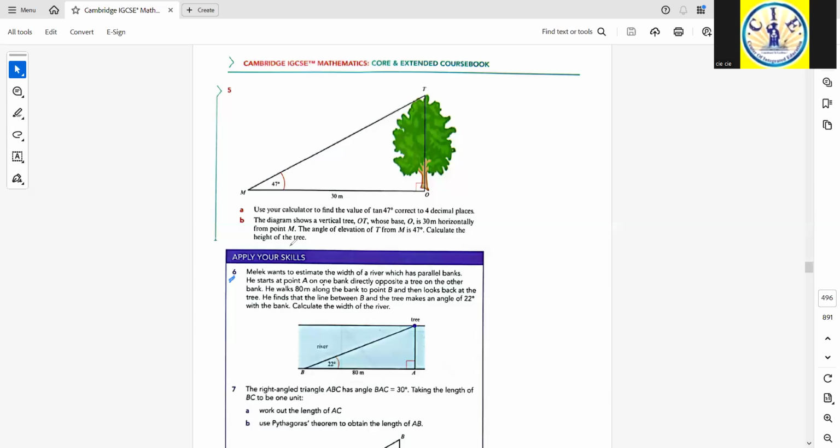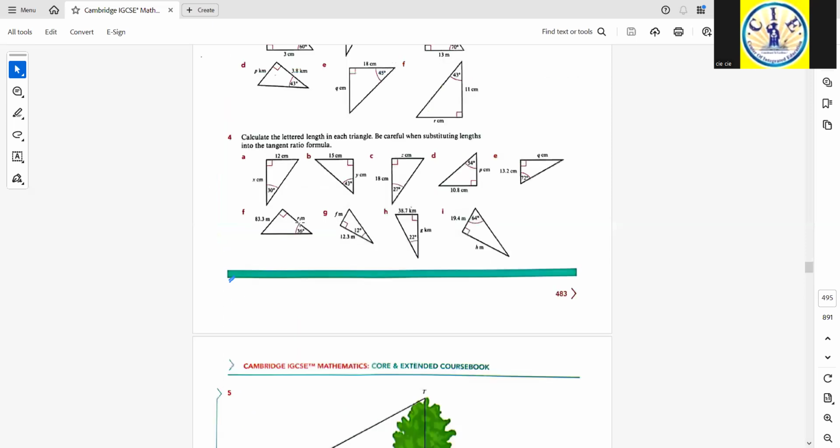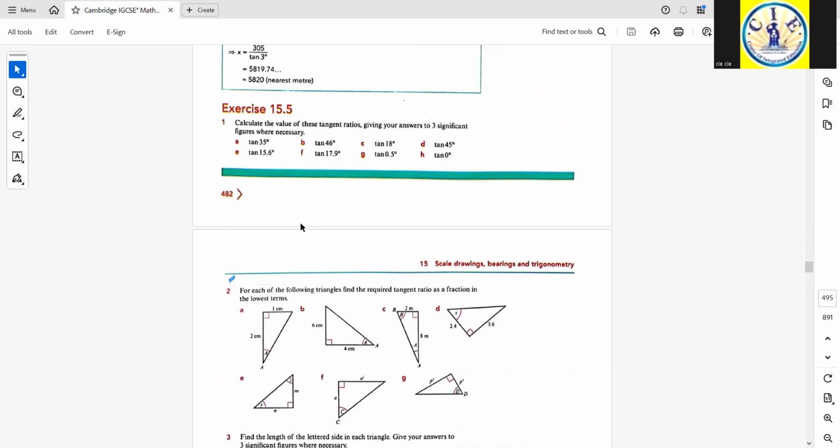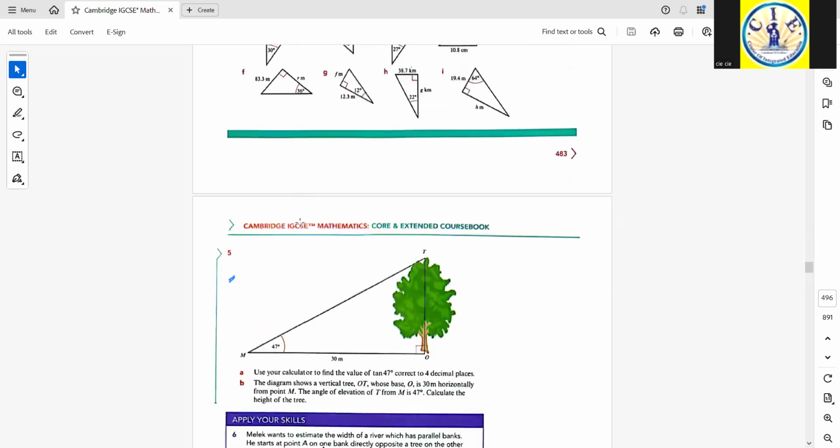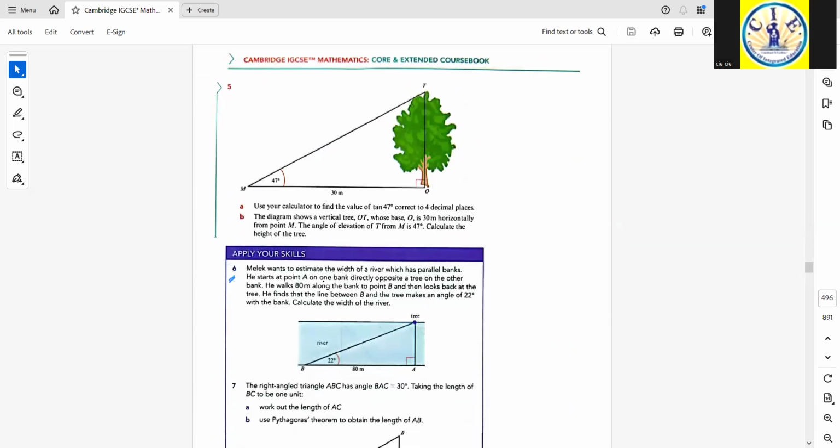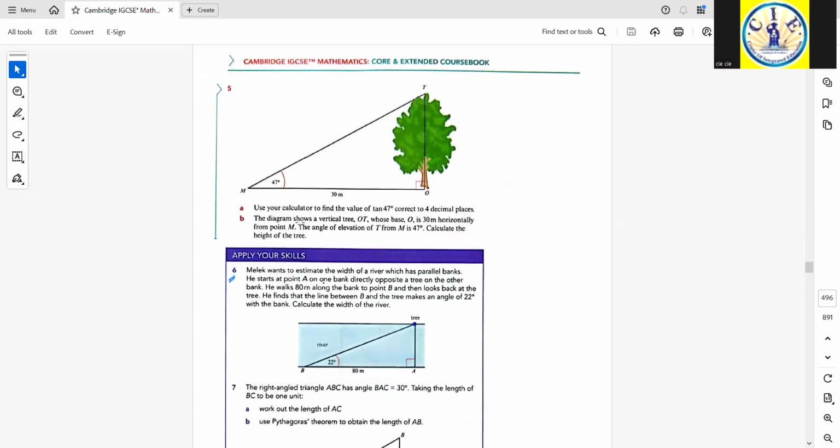Question number 6 of exercise 15.5. Malik wants to estimate the width of a river which has parallel banks. He starts at point A on one bank directly opposite to a tree on the other bank.